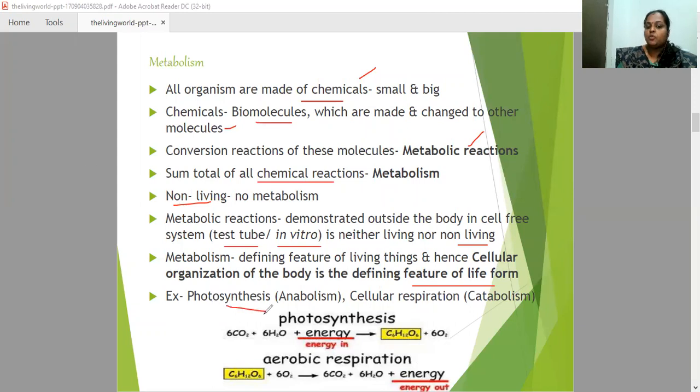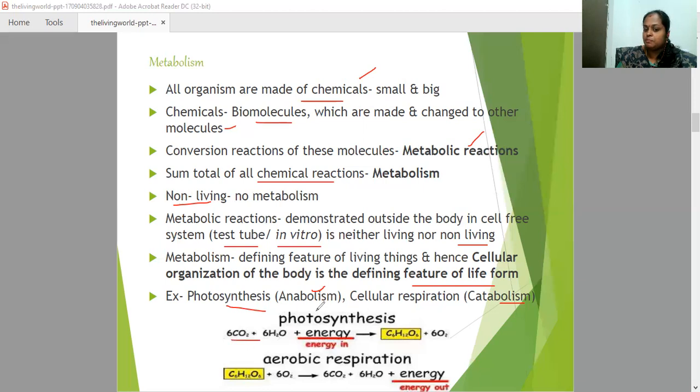Example, photosynthesis is an anabolic process. Cellular respiration is a catabolic process. These are the examples, seen only in living organisms and not in the non-living. So we will consider cellular organization of the body as a defining property of life form. You can see the diagrammatic representation here. Photosynthesis is carbon dioxide plus water plus energy.